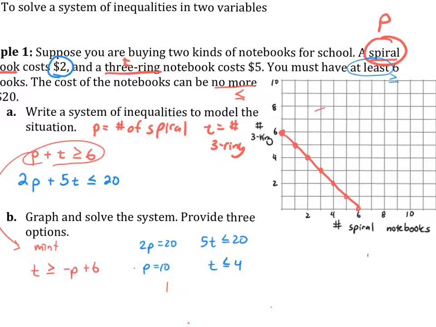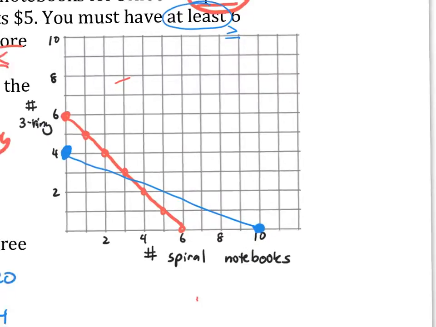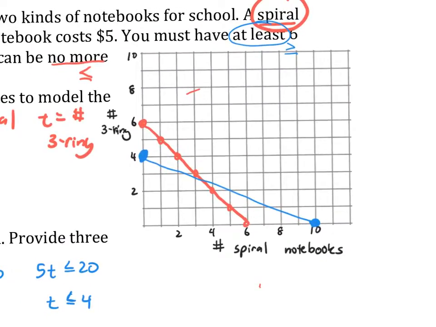And now the blue, I'm going to start, the highest on the P I can get is 10. And the highest over here I can get is 4. So when I connect the dots there, I get this. Something like that. Now, of course, we have to ask ourselves, which direction do we shade?